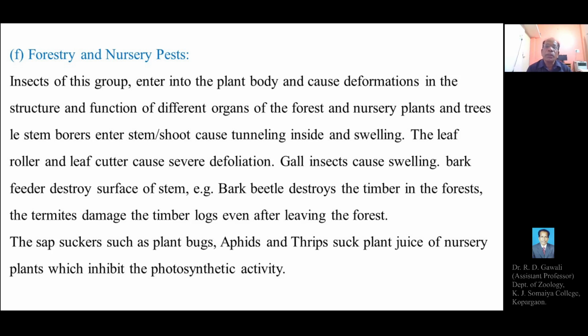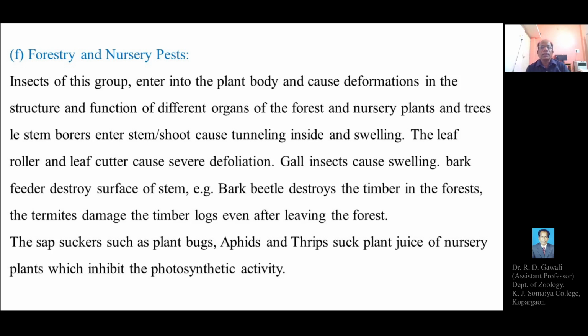The sapsuckers, which include different types of bugs, aphids or thrips, have piercing and sucking type of mouth parts, and they suck up the cell sap or the plant juices from a variety of trees or plants of the forest or the nursery.